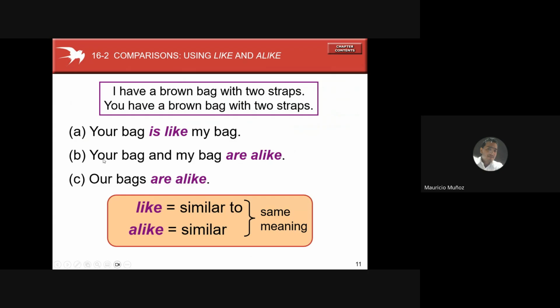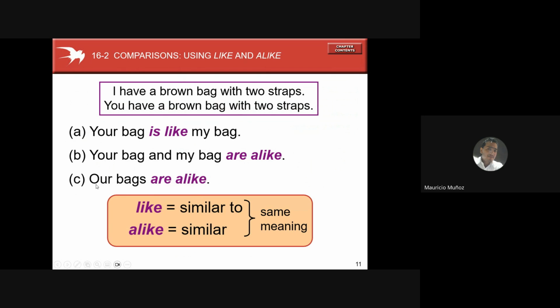In letter B, you can also say two comparative things. They are quite similar. Your bag and my bag are alike. Alike is another way for comparison. Alike means in Spanish se parecen or parecidas. So you say your bag and my bag are alike.